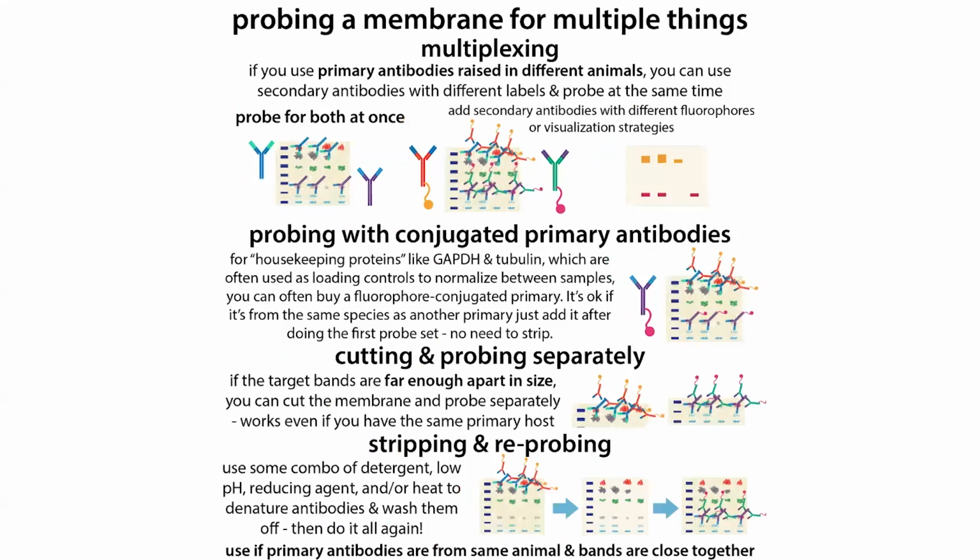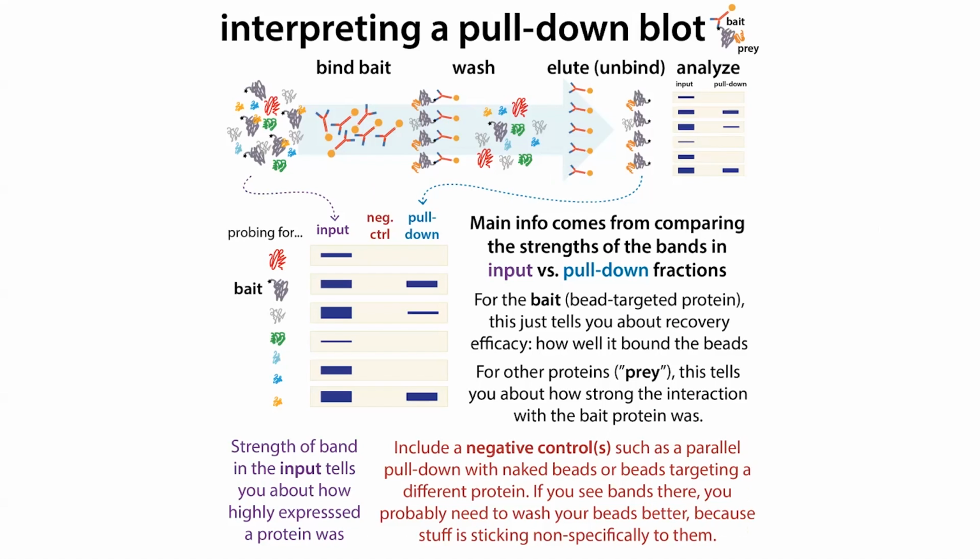I have another post about how you can test for multiple things on the same membrane, from that same initial gel. But bottom line is you can do this, and so you can probe for different prey you suspect are present, as well as probe for something that shouldn't be present to see if you get non-specific stuff, as well as probe for your bait to tell you about the recovery efficacy, so how well it bound to the beads, and we'll get into this.